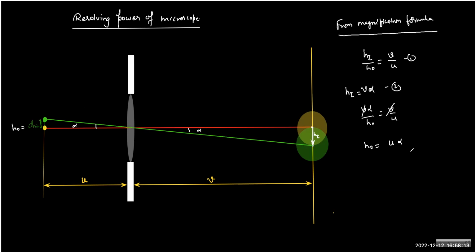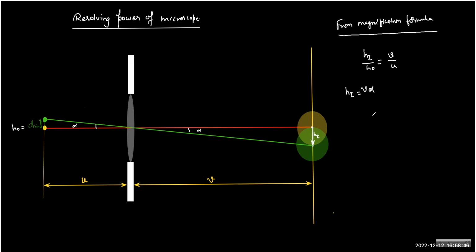But this is not what we want to write here actually. What we are really looking for is the D minimum.